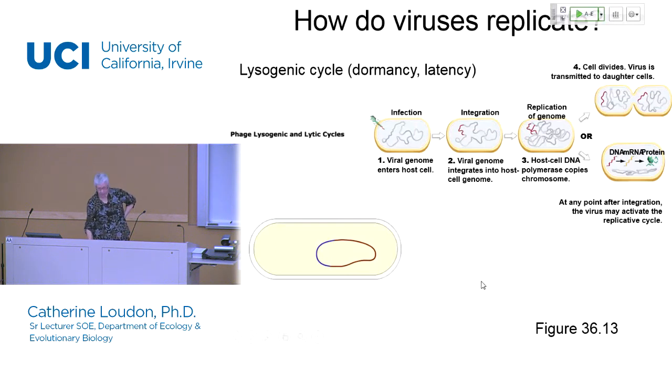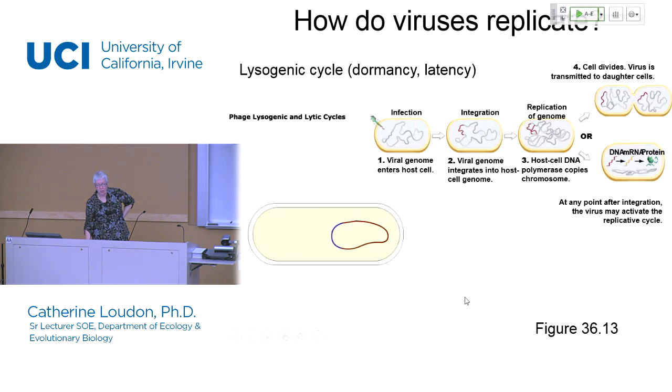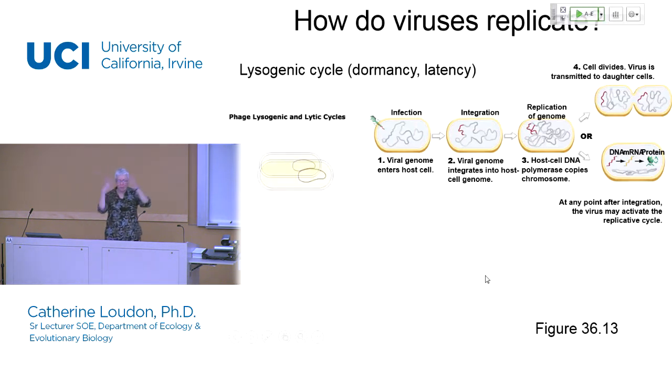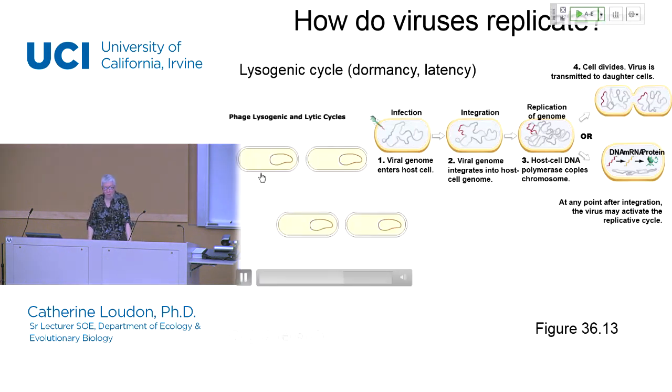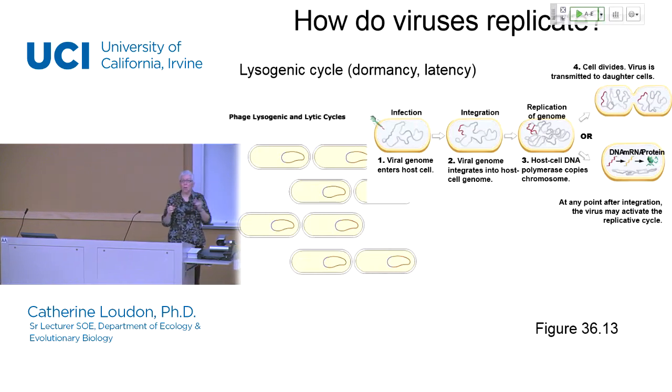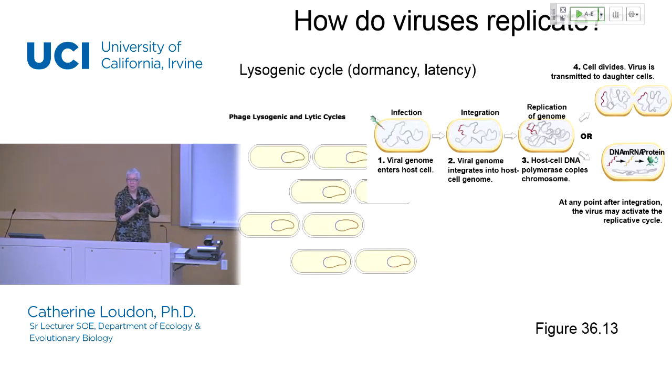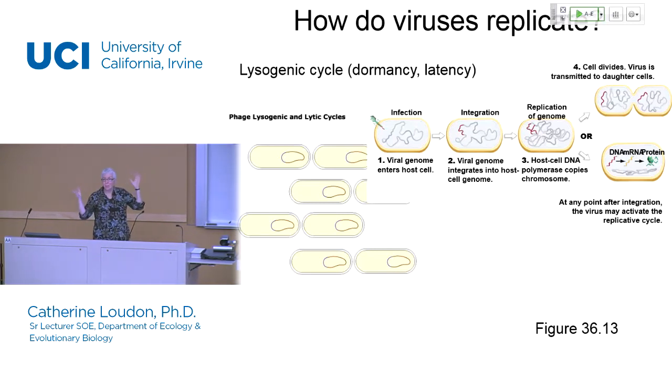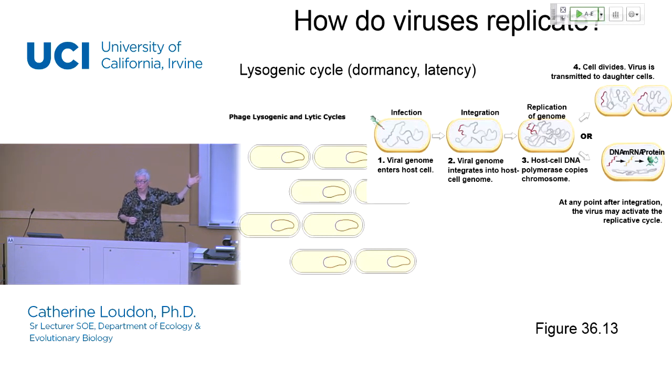So if we go to the next little animation here, we have a cell, and when it divides and copies the genome as a whole, the viral genome is being copied and copied and copied too, right? So we're still ending up with multiple copies of the viral genome, but up to this point, it's just embedded in the host genome. Again, this is asymptomatic from the host cell point of view, and it's certainly not at any kind of infective stage, because it would have to get out and infect a new cell, right? So how does that happen?